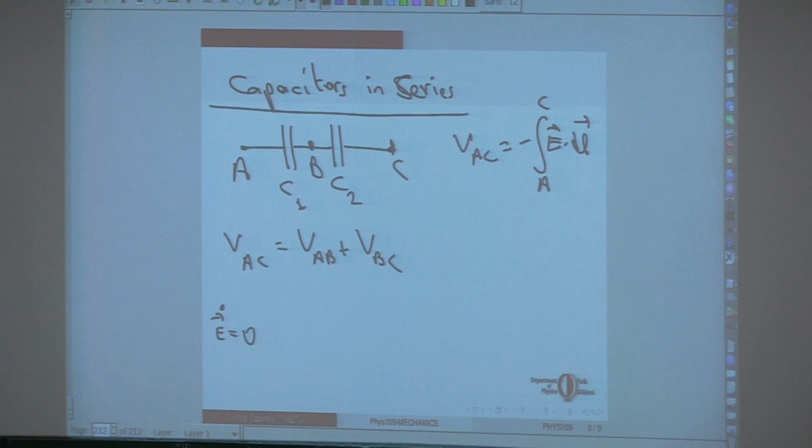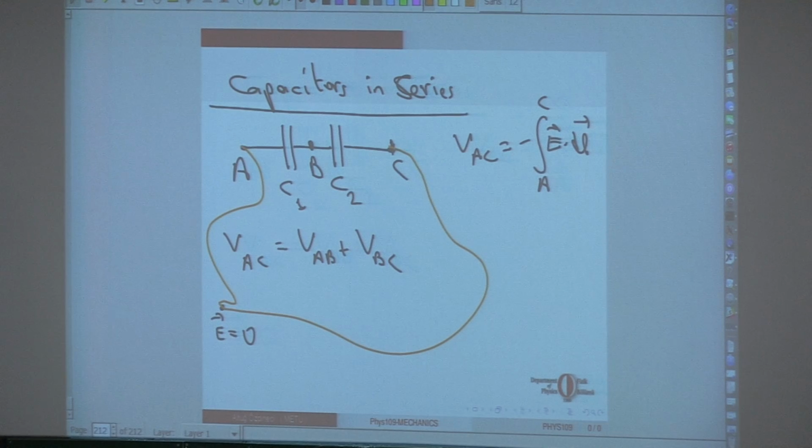That's our approximation. But let's evaluate this integral from A to C along this path. Is there any place where the electric field is non-zero along that path? Only those 2 points.